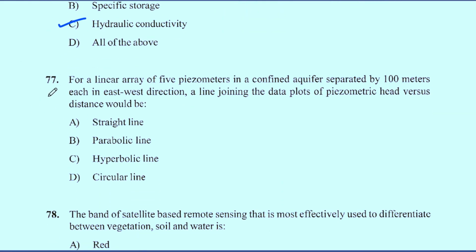Next question is 77. For a linear array of 5 piezometers in a confined aquifer separated by 100 meters in east-west direction. Okay, they're separated by 100 meters.